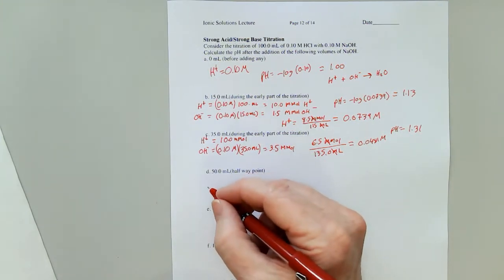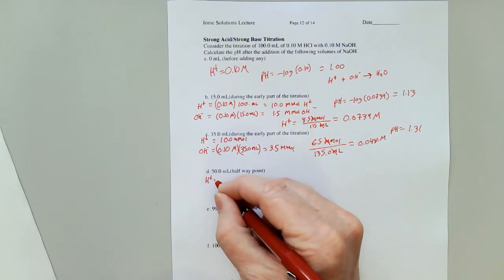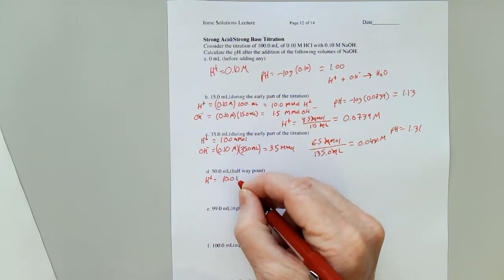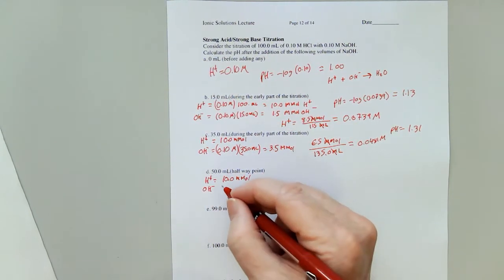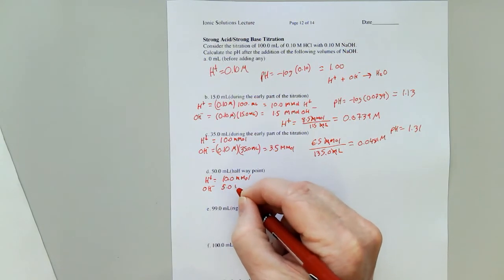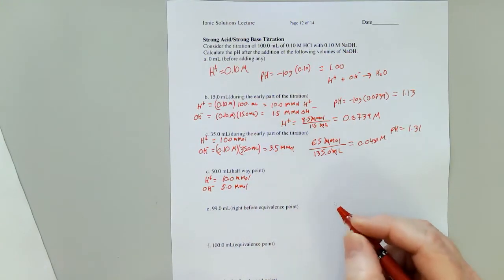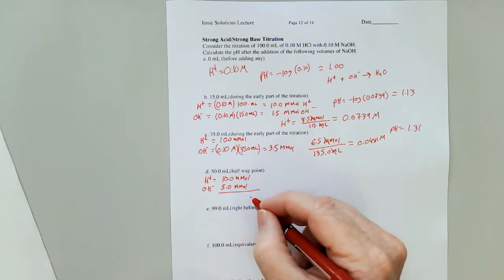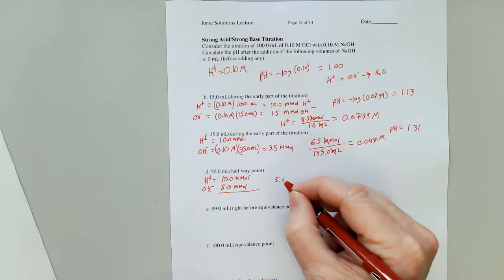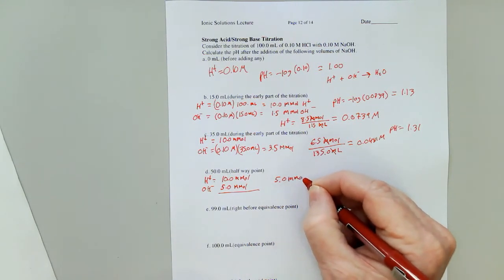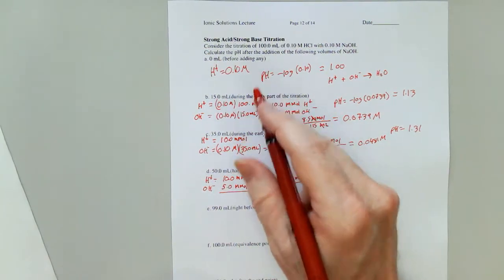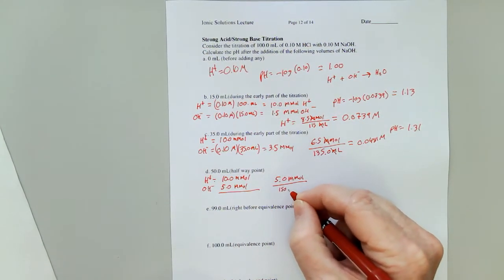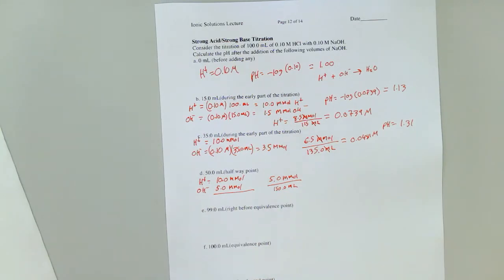Now, 50 milliliters. H plus to start was 10.0 millimoles. And I think I can recognize now that the OH minus is going to be 5.0 millimoles. Which leaves me with 5.0 millimoles of H plus divided by 50 plus 100 is 150 milliliters.